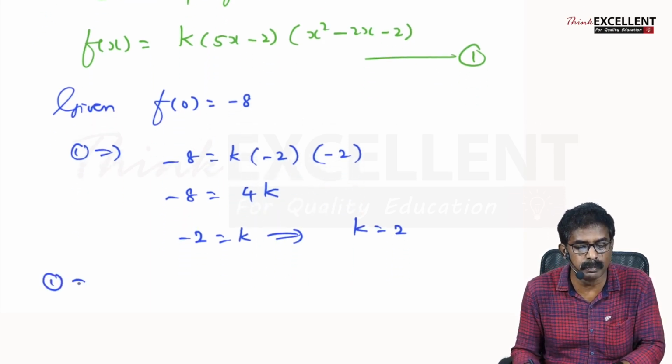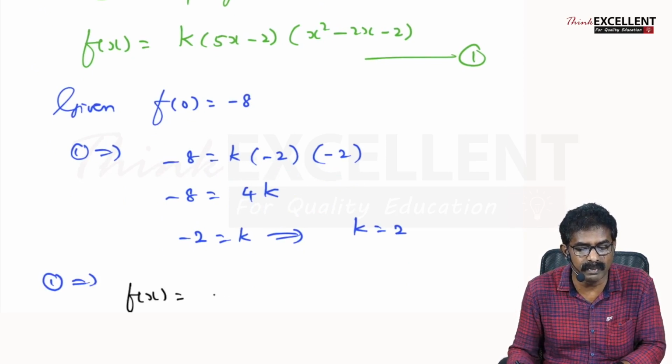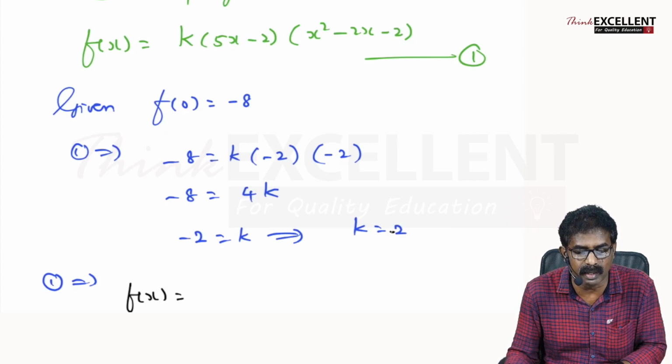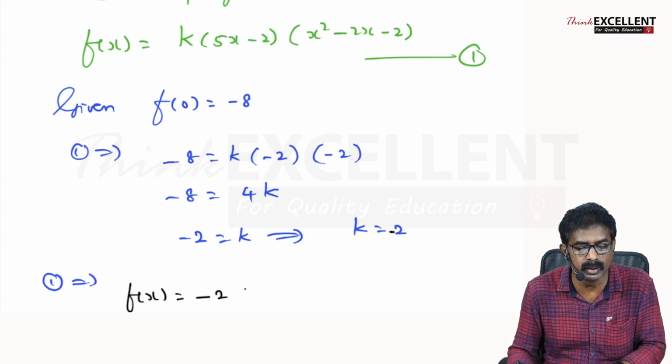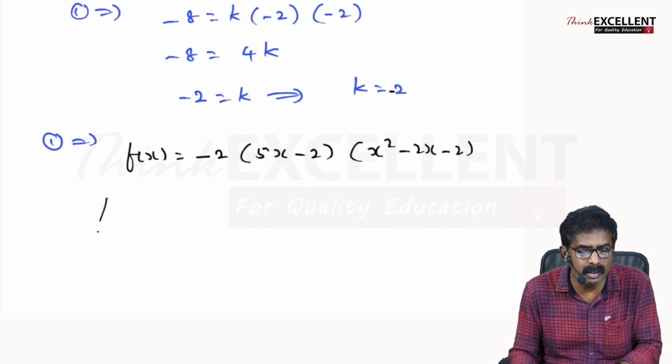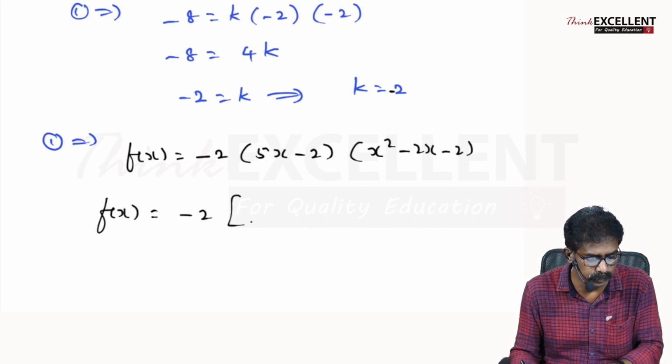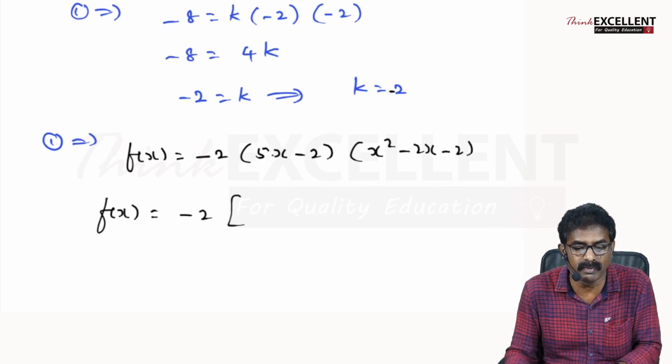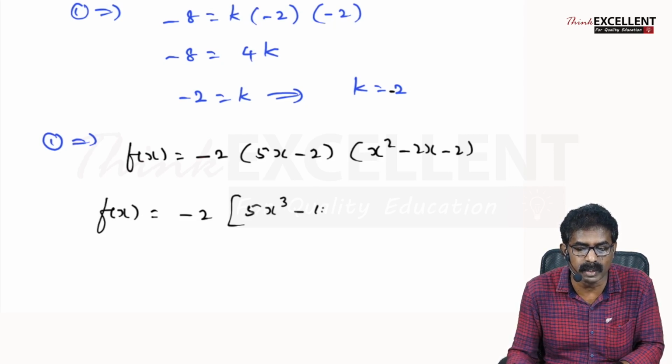Substitute in the first equation. So f of x equal to k value minus 2, so minus 2 into 5x minus 2 into x square minus 2x minus 2. Now since they asked for a polynomial, you have to expand and write. So f of x equal to minus 2 into, now you multiply term by term, by 5x you multiply everything: 5x cube minus 5 2s are 10x square minus 5 2s are 10x.